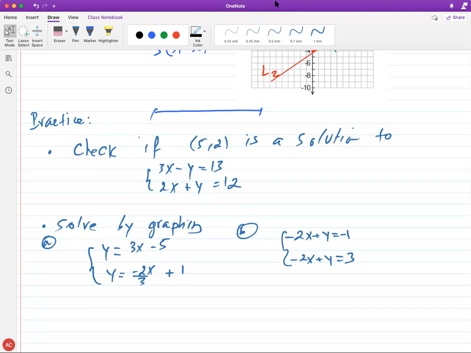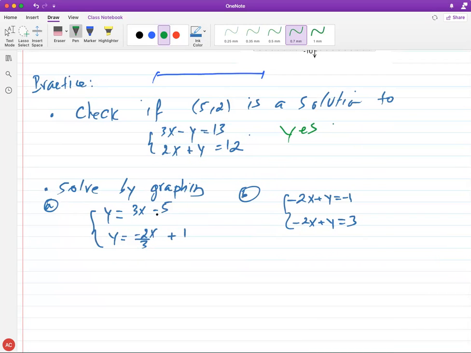All right, so what did you guys get for the first one? Is that a yes or a no? Yeah, it's a solution. That's right. So this is yes. Just plug them here. It works. What's the solution here? What is the approximate solution for the system here? I got approximately 1.5 and 0.